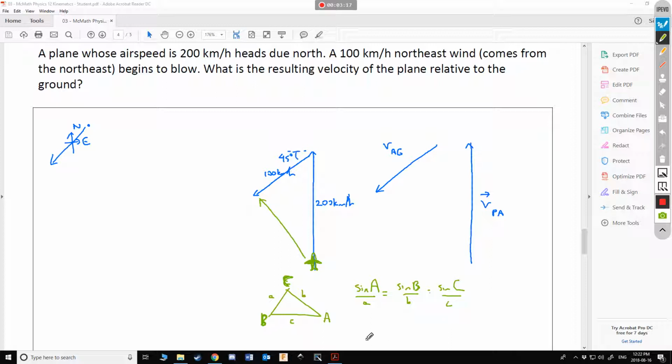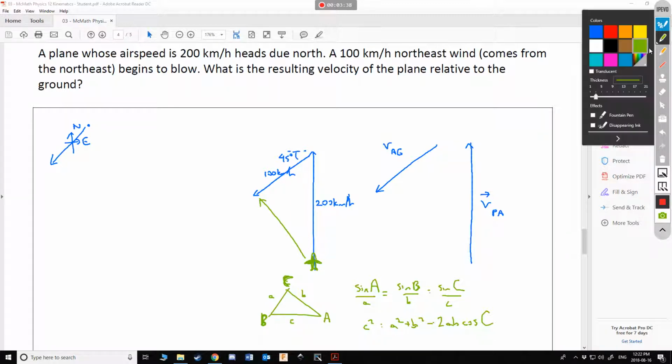The other one is that c squared is equal to a squared plus b squared minus 2ab cos C. We'll see more of that next day though. Today we're going to solve this using the component method, which we've done so much of already.